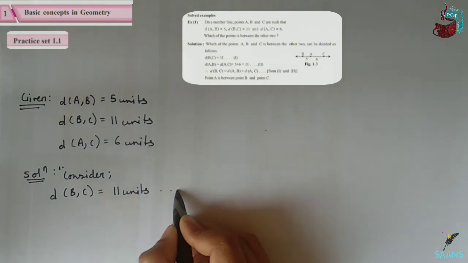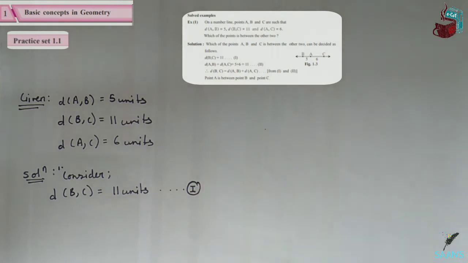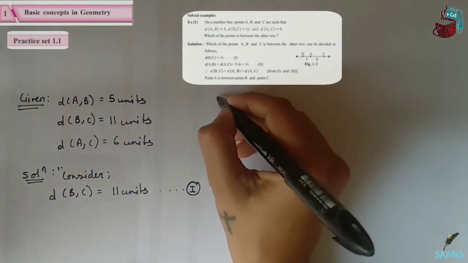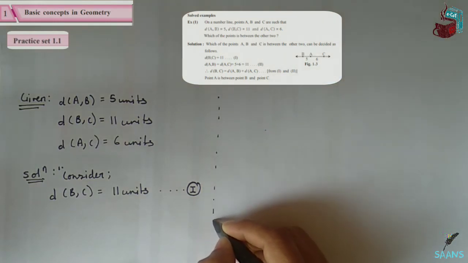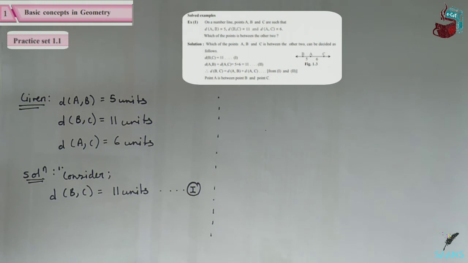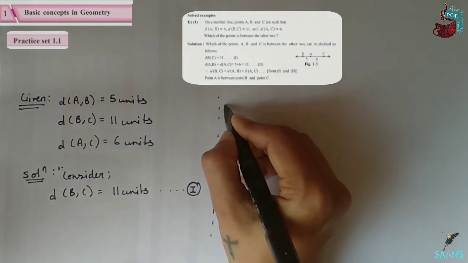Distance BC is equal to 11 units. Now what will you do with the other two? Now the other two we have to add.